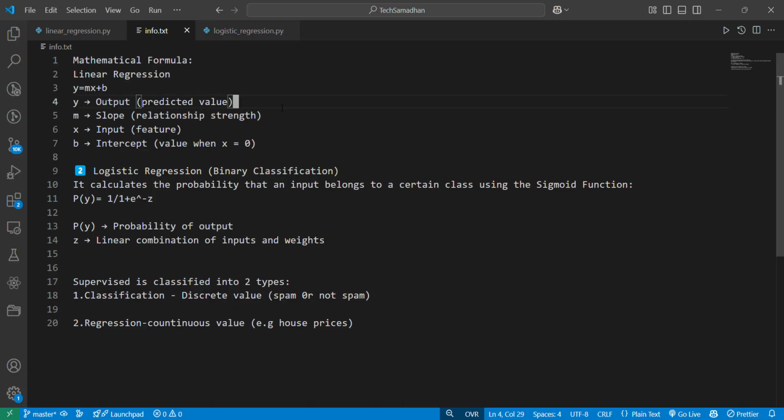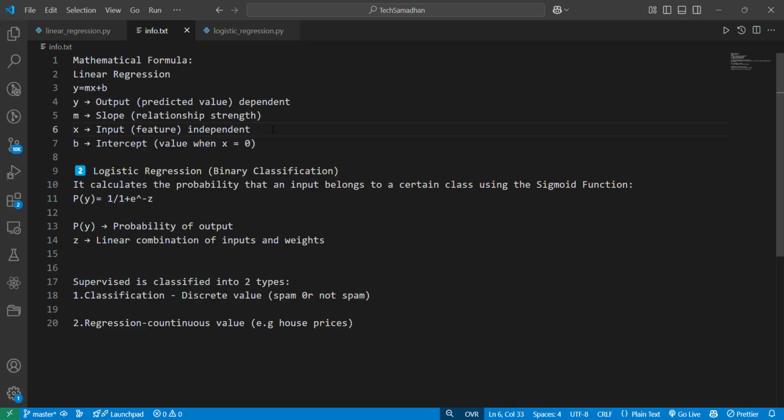So my output is dependent, and my input is independent. Now this is just a linear regression. We have multiple linear regression where there is more than one input. So it is the relationship between a dependent variable and one or more independent variables, and it should fit in a straight line.